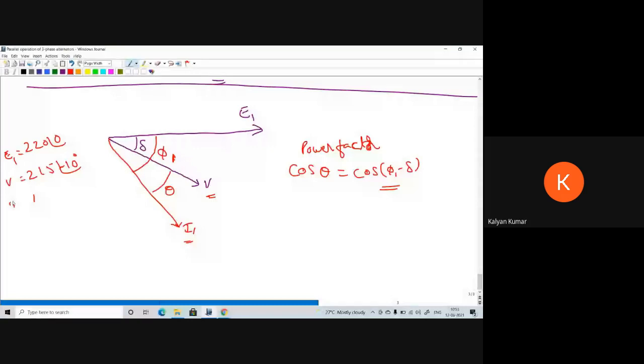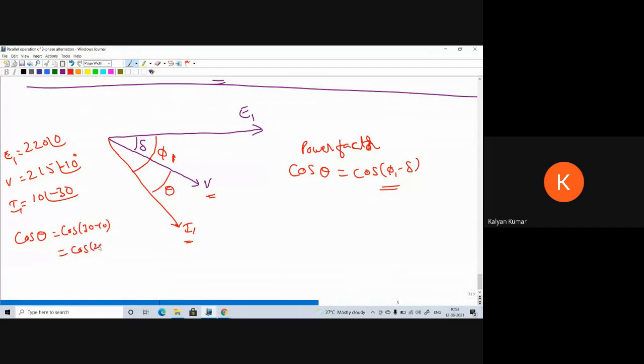Now I got I1 as 10 at an angle minus 30. Then what is cos theta now? Cos of 30 minus 10, cos 20. So like this we need to find.